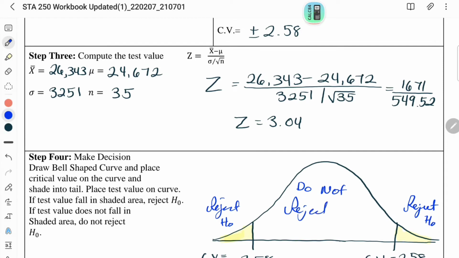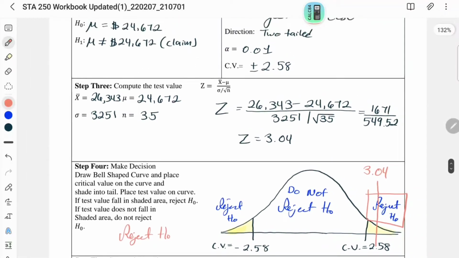Our test value is 3.04, and 3.04 will fall somewhere over here. Because it falls within the shaded area, we are going to reject the null hypothesis.